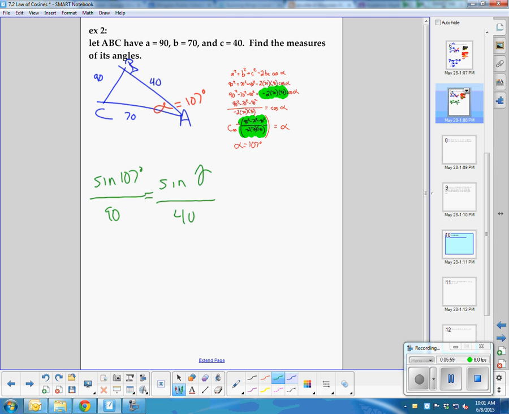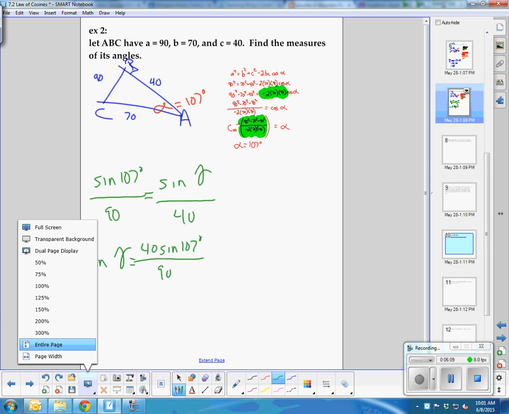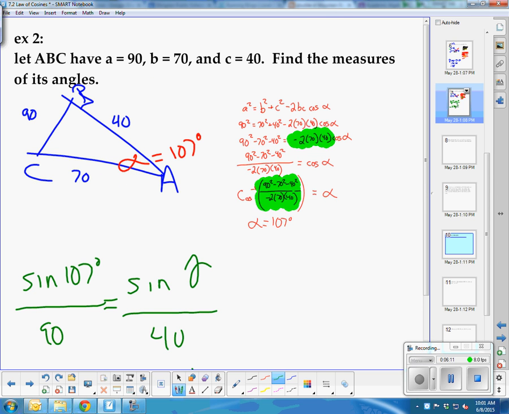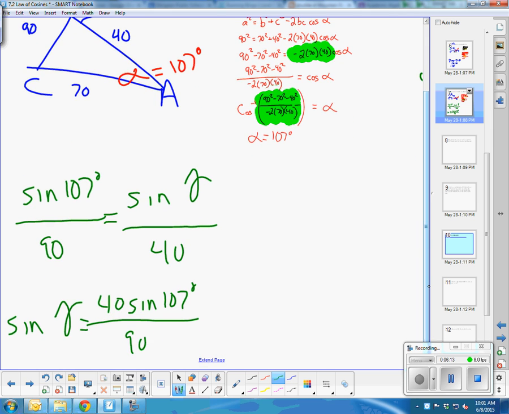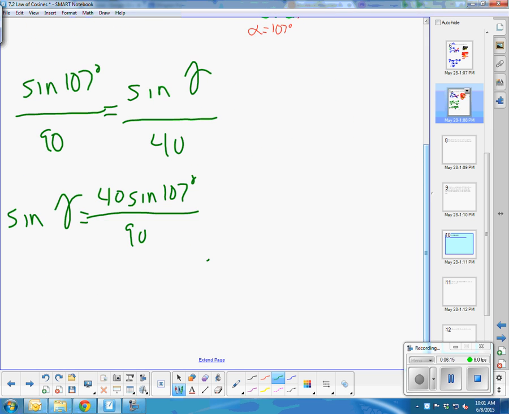A little bit of algebra, I get that sine of gamma is going to be equal to 40 sine 107 over 90. Let me shrink this down so we can see it a little better. Inverse sine function of 40 sine 107 degrees over 90 will give us our gamma.